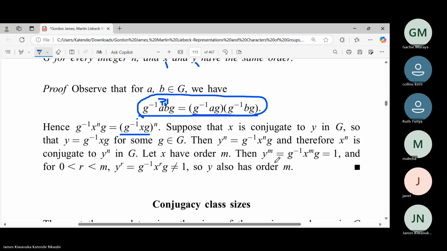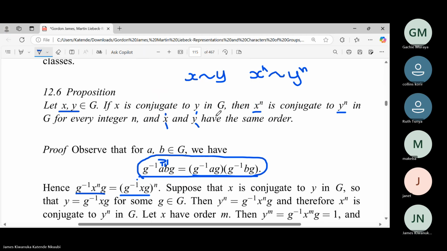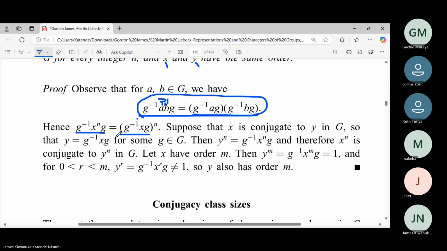So these two are equal. Now let's move to the crux of the theorem. It says if x is conjugate to y, then it's possible to write x in this form.